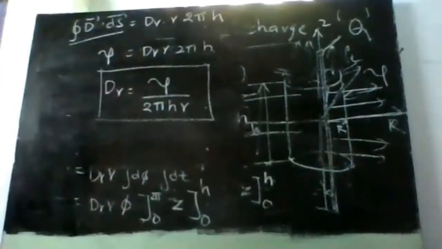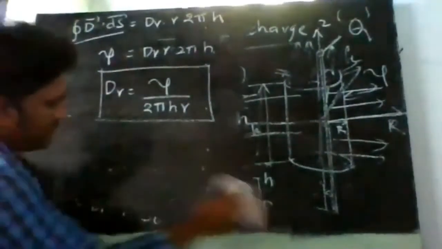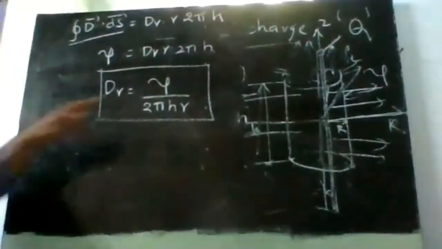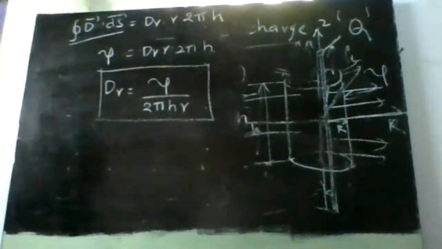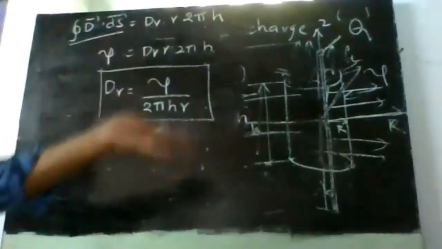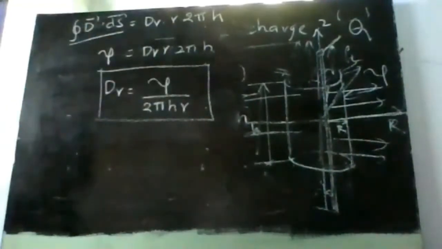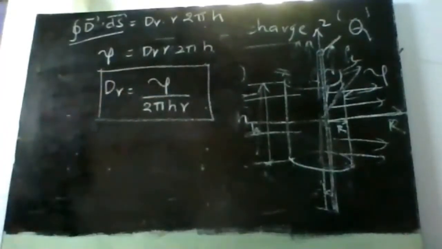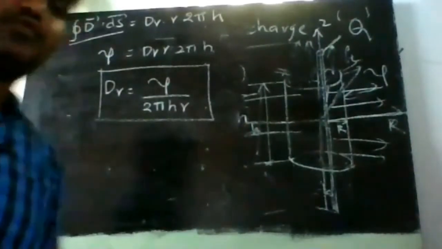Clear till here? Next, as per Gauss law, if psi is given, that is, if we know the total flux produced by that combination of charges or the infinite line charge, we can directly calculate dr from this formula, and from it get D bar.